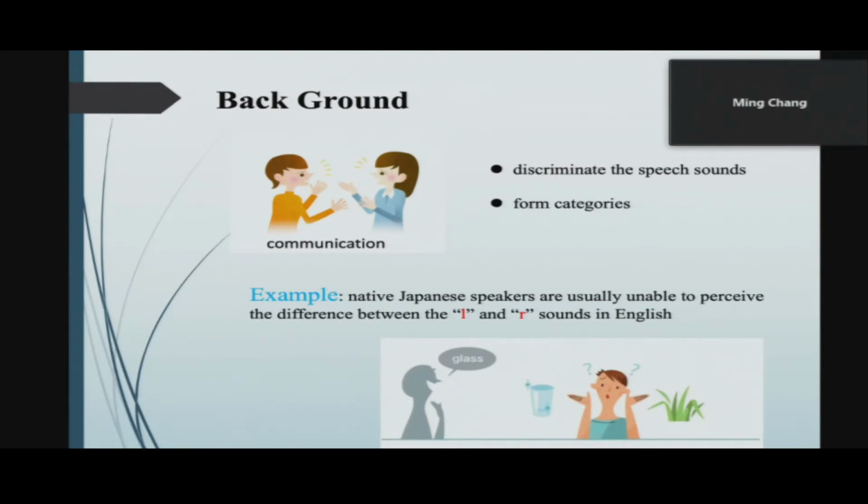For example, native Japanese speakers are usually unable to perceive the difference between the L and R sounds in English, and it often requires significant training and attention.